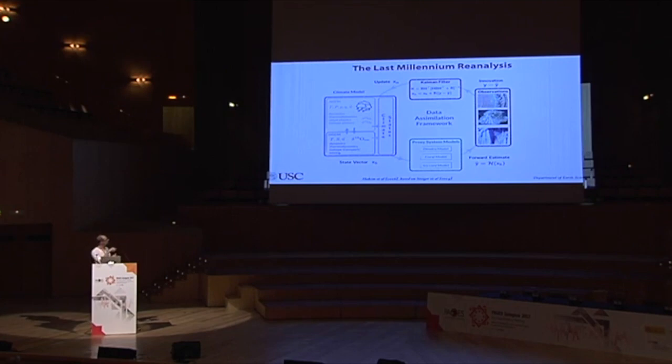There's an ensemble Kalman filter that updates the model states according to how consistent they are with the proxy data, and the glue that binds them together are proxy system models that can bridge from the model states to the observation space. In other words, they take temperature and delta 18O and they can make a coral out of it, or a tree, or something like that. Now, that's the ideal way in which this methodology functions.